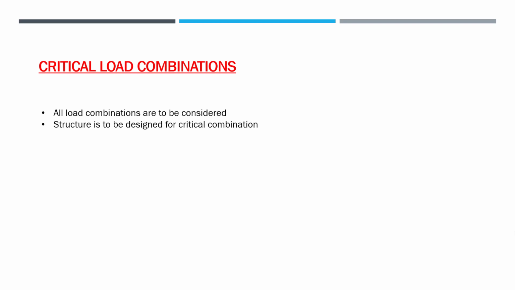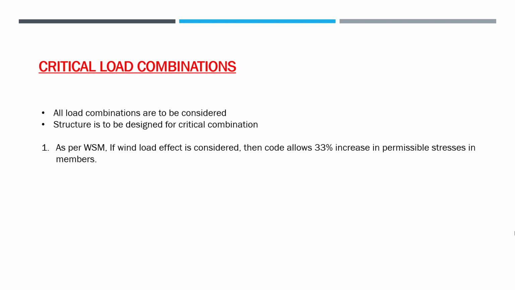While designing a structure, all the load combinations in general are required to be considered and the structure is to be designed for the most critical of all. For high structures, due to the transitory nature of wind, the code allows a 33% increase in permissible stresses in the working stress design method when the effect of wind is considered.